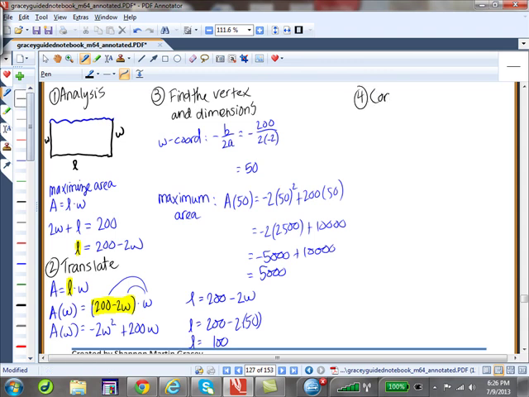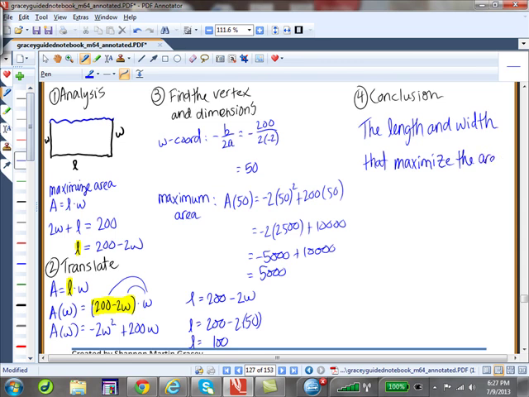So let's put it all into our conclusion. The length and width that maximize the area are 100 feet and 50 feet, because I said length first, I'll just say respectively.